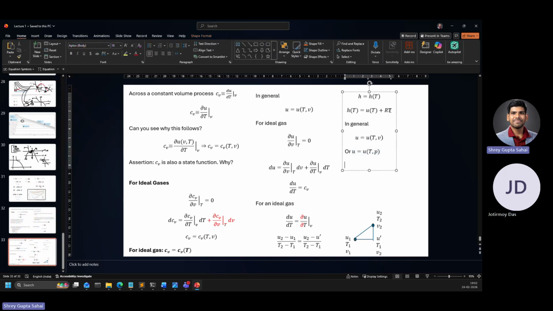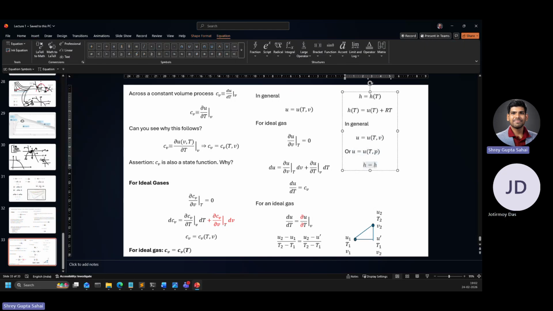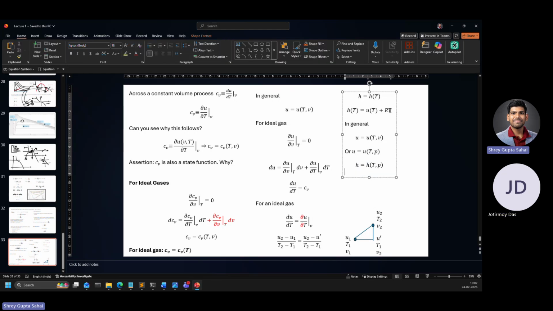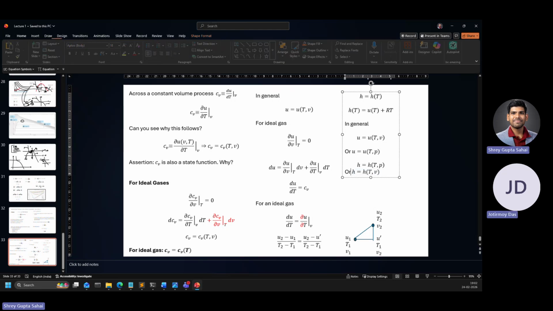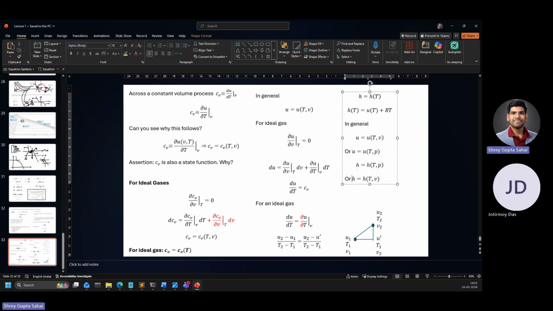In that case, H will also be a function of T comma V, or T comma P. I'll give you a small example. Let's see if I can give you an example. Probably not at this point.